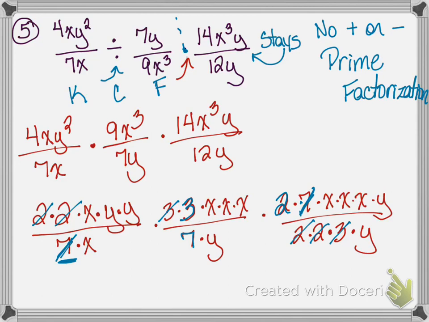Okay, and those are my numbers. So now I'm going to focus on my letters. I have an X and an X I can cancel. I can cancel this Y and this Y. I have another Y right here, and I can cancel there. And I don't have any letters left in the denominator that I can cancel.